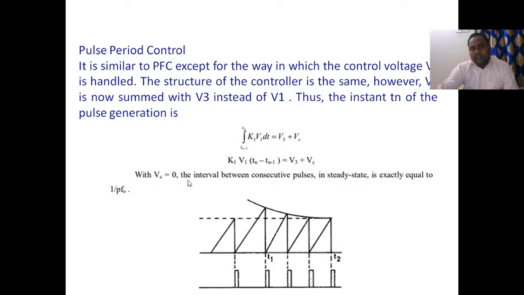With Vc equal to 0, the interval between consecutive pulses in steady state is exactly equal to 1 by Pf naught. Please see the timing diagram. This is a pulse, this is a reference, this is a pulse. By using this one, we generate pulses.